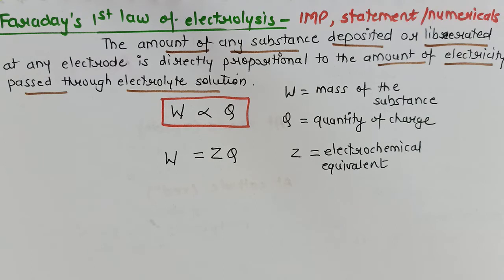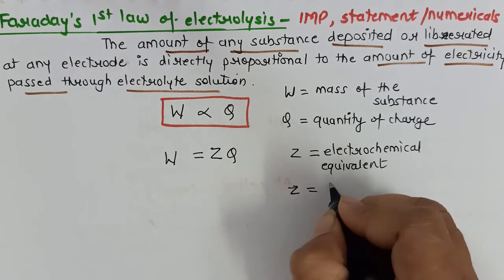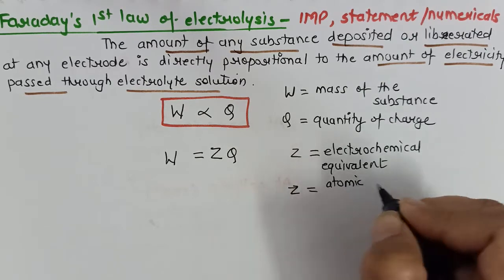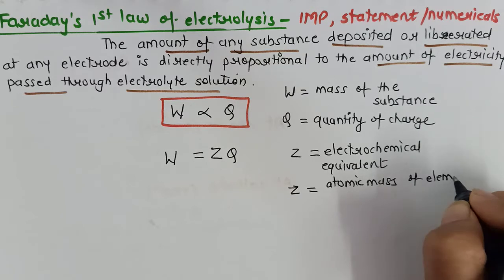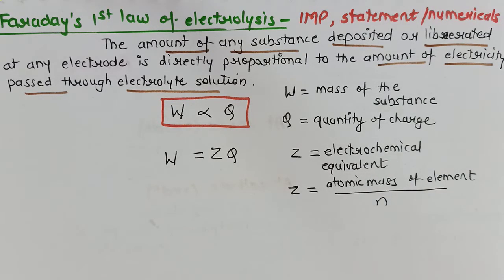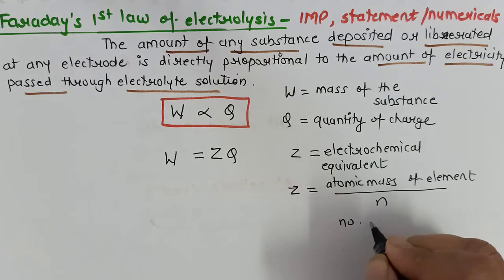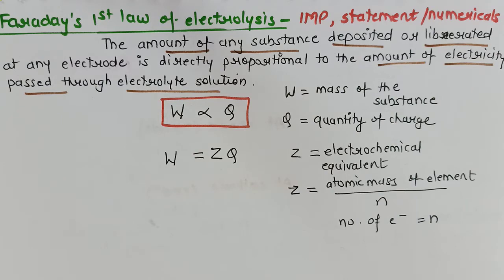Or it is also called Faraday's constant. We calculate Z by the atomic mass of an element divided by n, where n is the number of electrons, either lost or gained.